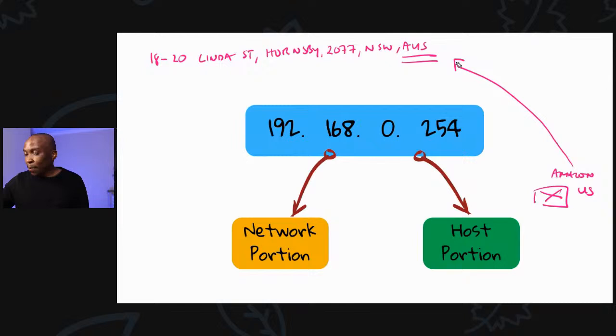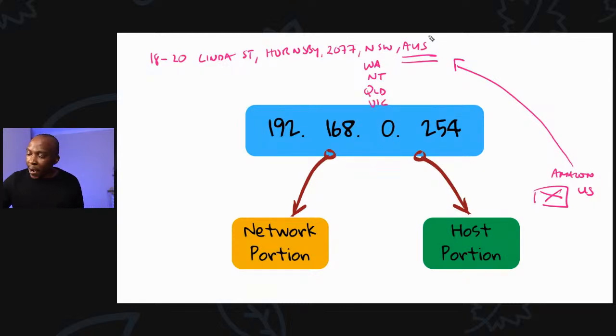When the package makes it to Australia, there are different states in Australia, right? So there's New South Wales. This is where Sydney is located. You've got WA, which is Western Australia, where you find Perth. You got Northern Territory. You got Queensland, and you got Victoria.